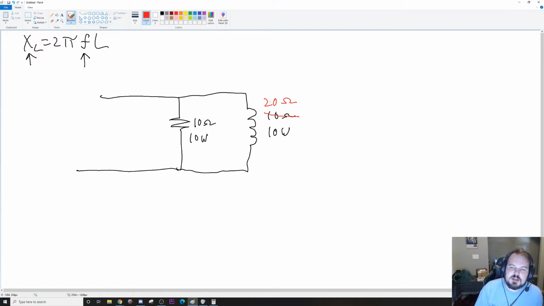So it goes up to 20 ohms, and since the resistance doubled, the wattage is going to cut in half. I'm not going to get all the way into this, but we'll say it cuts in half: 5 watts.